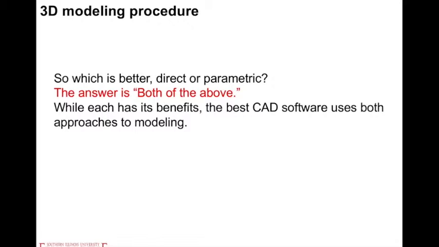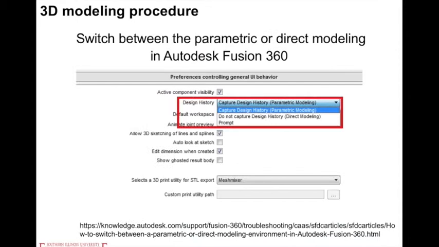While each has its benefits, some CAD software uses both approaches to do the modeling. For example, in AutoCAD Fusion 360, there is an option called design history. If you select capture design history, it is more related to parametric modeling. If you don't capture the design history, it's usually direct modeling.